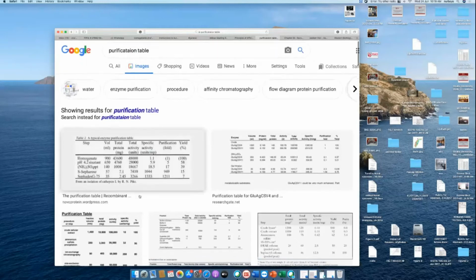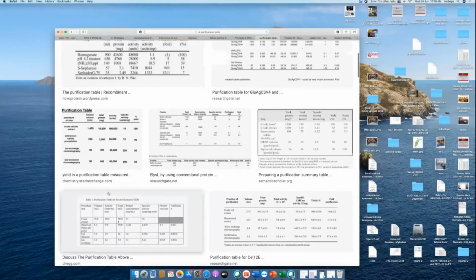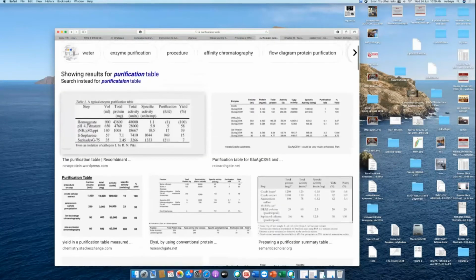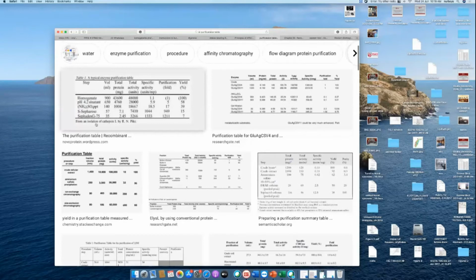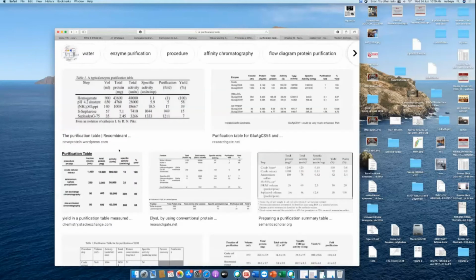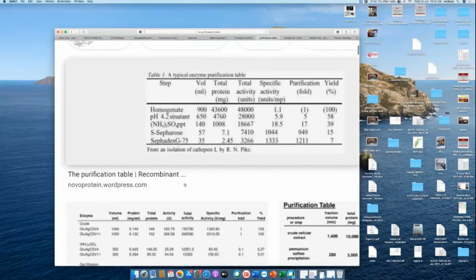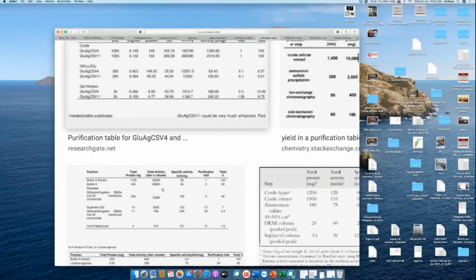We have learned there are lots of steps for purification. For our case just now, since we have only one step, only the affinity chromatography step, our purification table will be like this.